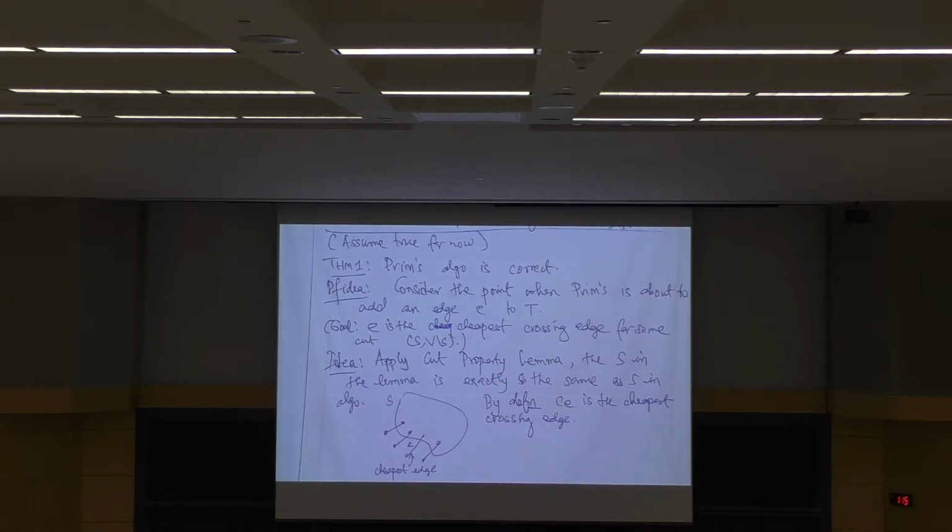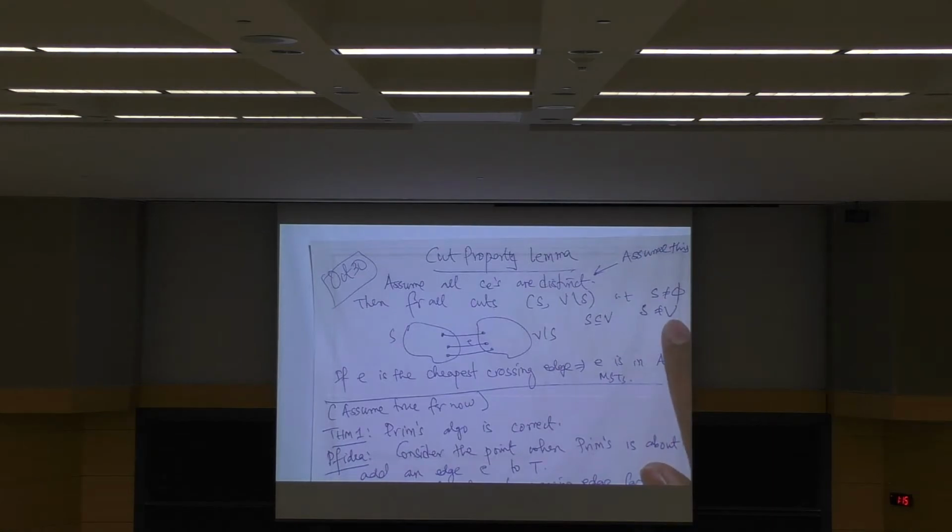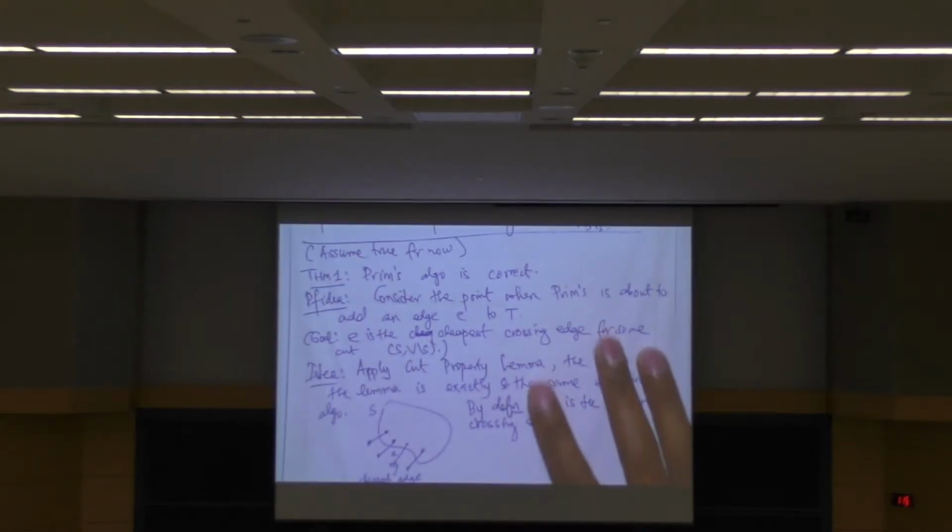Now, we want to be precise, so just saying that by itself is not enough, because note that to apply the cut property lemma, you need to satisfy two properties on S. First, S has to be non-empty, and second, it should not be everything. Right? So we have to make sure that these two conditions hold.